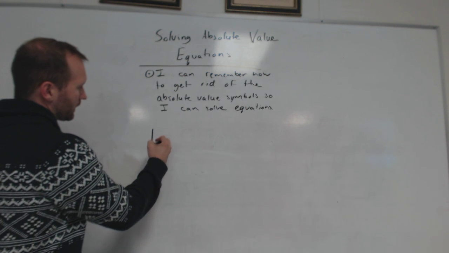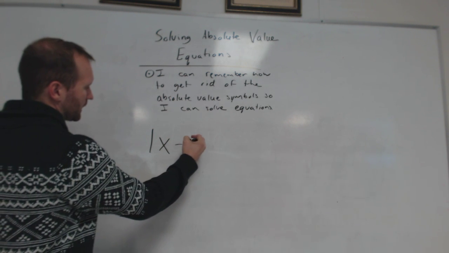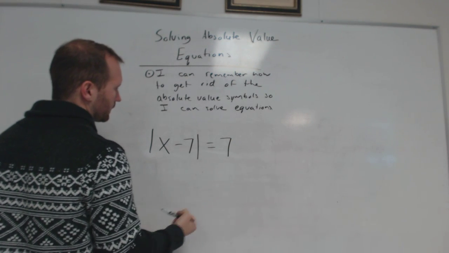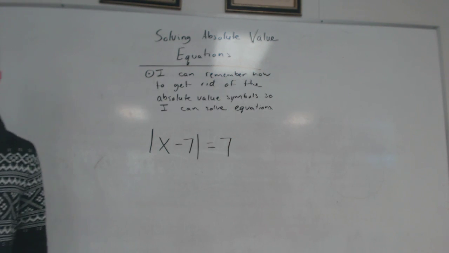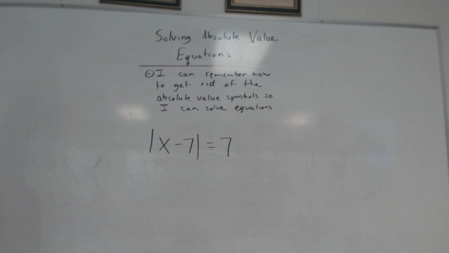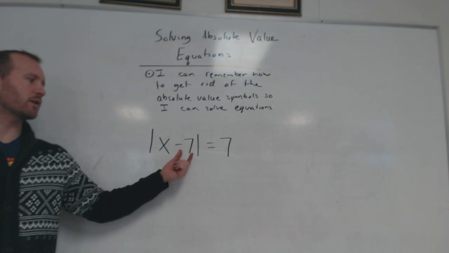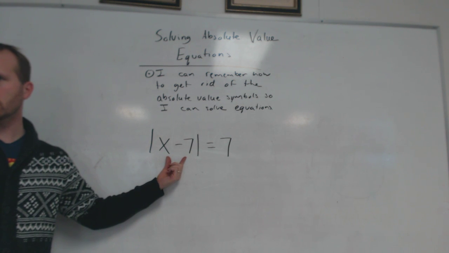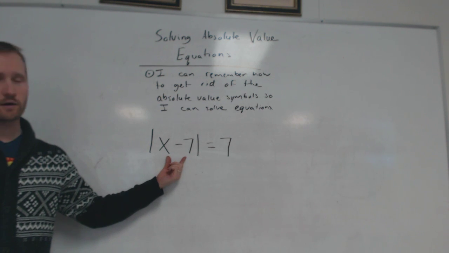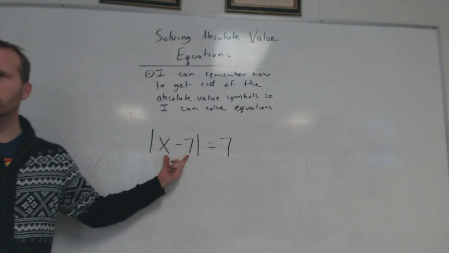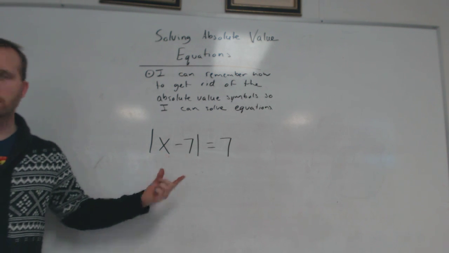So then, we started to look at these yesterday, but we looked at problems that have a slightly more complicated argument. An argument is just an expression. So this has a slightly more complicated argument in the absolute value.